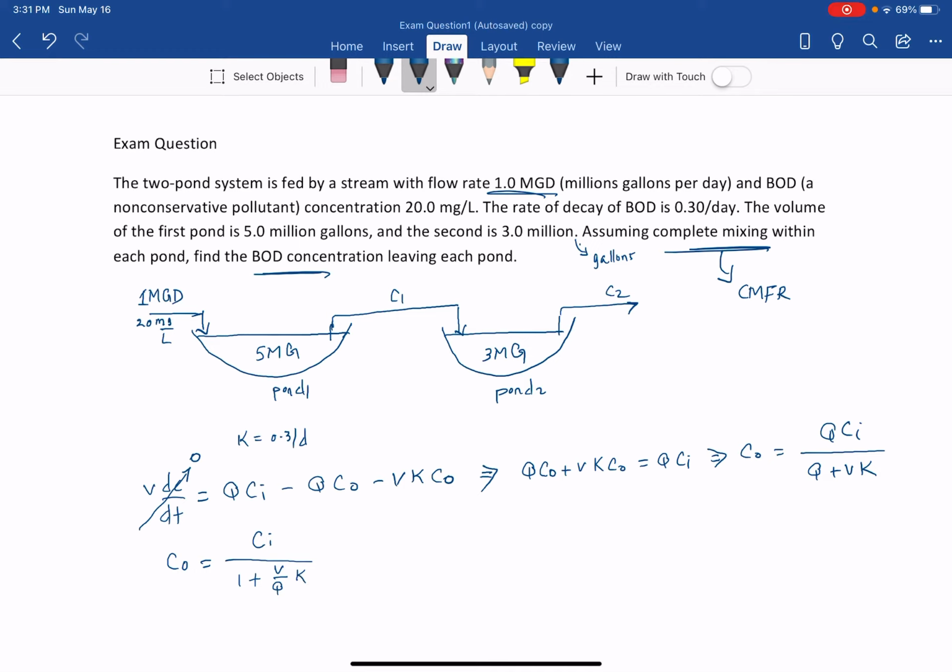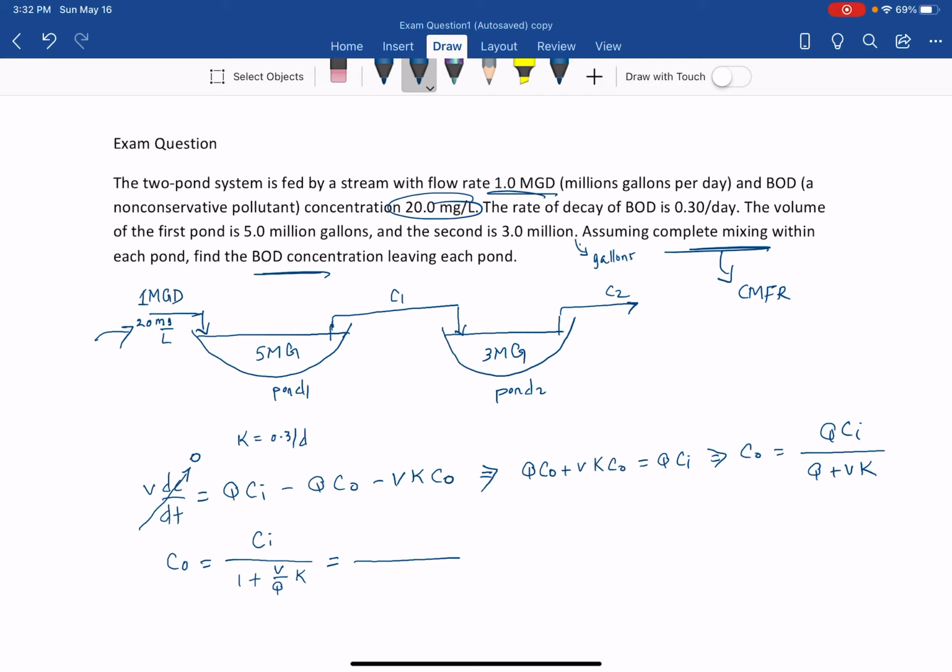So what is C in? C in is 20 milligrams per liter, given here, and this is the inlet feed to the system.